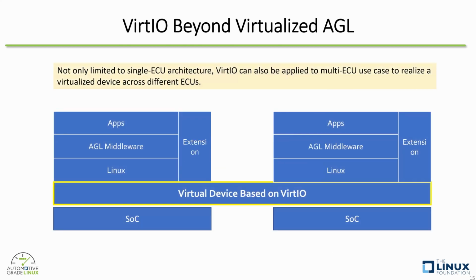That's not all for VirtIO. Not only limited to the single ECU architecture, with the well-defined front-end/back-end architecture of VirtIO, it can also be applied to the multi-ECU use case to realize a virtualized device across different ECUs. And from the application point of view, you just take them as a whole, and you don't need to care about the detailed location and logic of the physical devices.